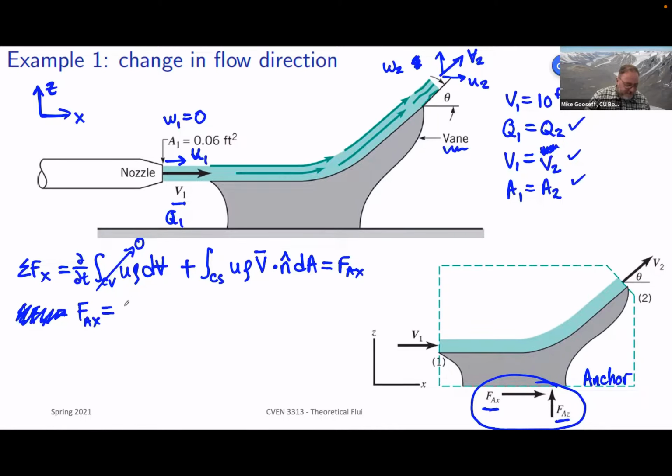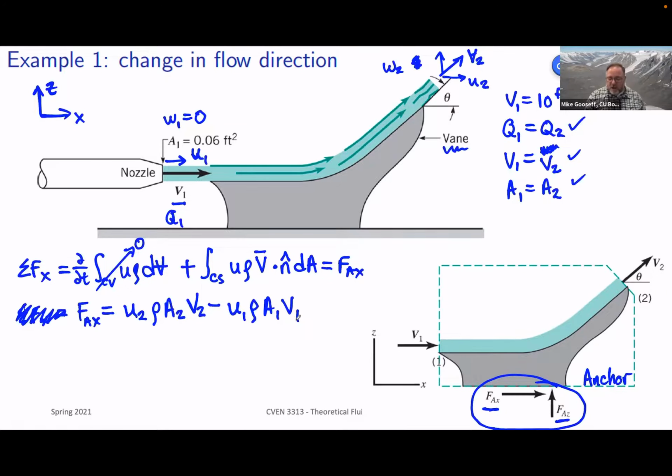So we'll have U2, in other words the x component of V2, times rho times A2, so that's the m dot flux, multiplied by the V2 magnitude, minus U1, so this is now the inflow, times rho times A1 V1.